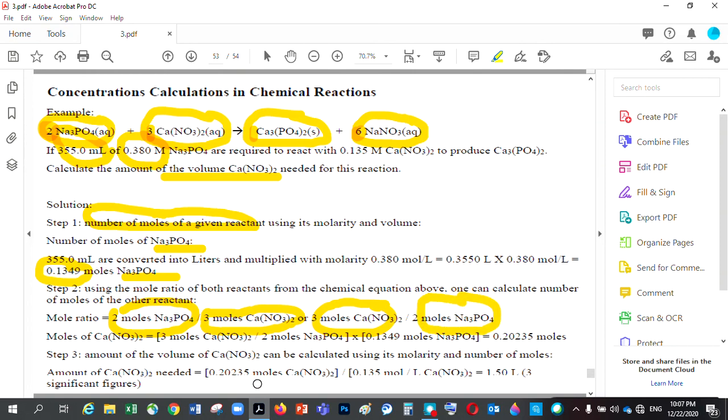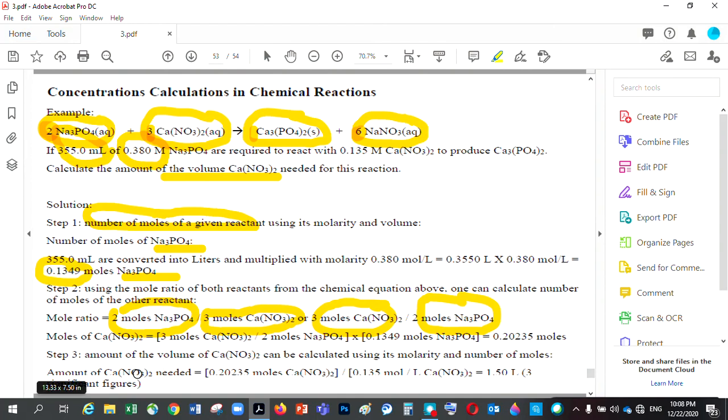Next step is to calculate the number of moles of calcium nitrate. We know the number of moles of sodium phosphate by multiplying the volume in liters by its molarity. We have to get calcium nitrate by setting this up.